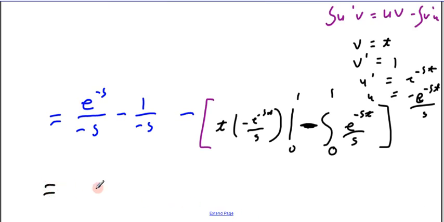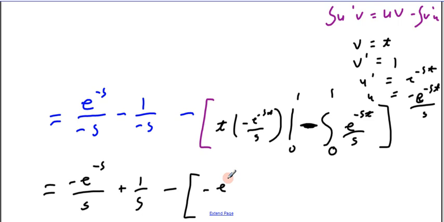Okay, so I've got e to the minus s over s with a minus sign, plus 1 over s. Okay, so I put a 0 in there, I'm going to get 0. I put a 1 in there, and I'm going to have minus e to the minus s over s.